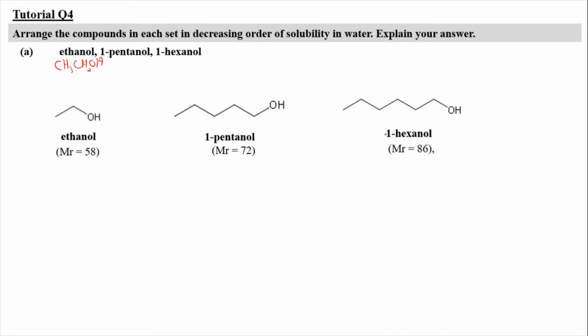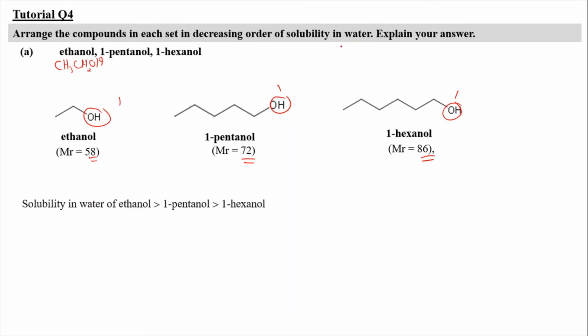So in this case, the factor here is not going to be the number of OH groups, because the OH group is the same, one in each case, and they can form the same number of hydrogen bonds. What differs is their molecular mass. Okay, so the molecular mass will affect the solubility in water.